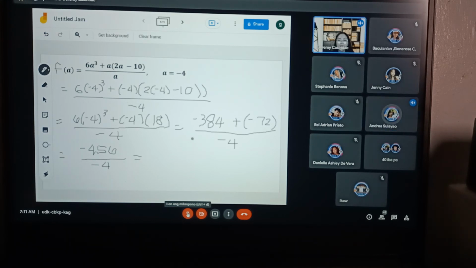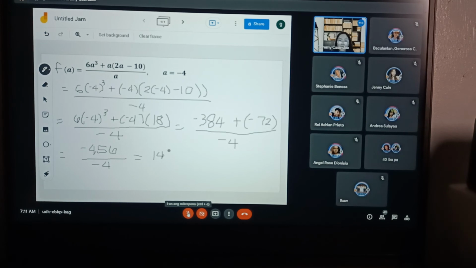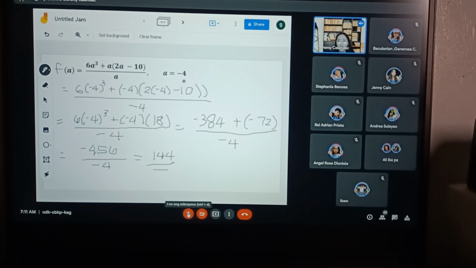Our final answer now is equals to 114. Ayun. So, this will be our final answer. Okay, nakakasunod na ba yung iba? Parang konti lang kasi nakakausap ko.